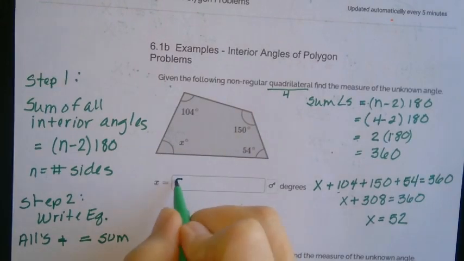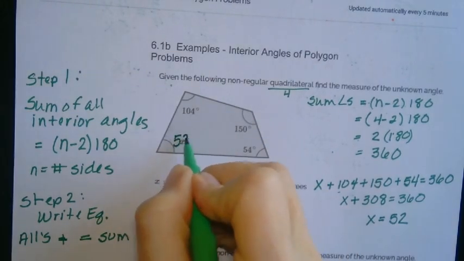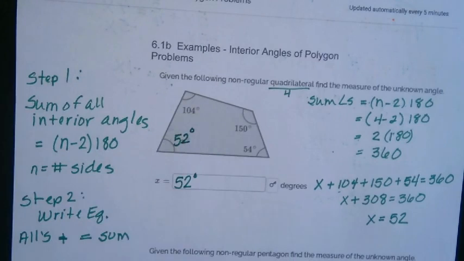So for this one, that's all we have to do. Because our angle measurement is equal to that variable that we just solved for, we just found the answer. Now the other thing to do is double check. Do all of these angle measurements now add up to 360?